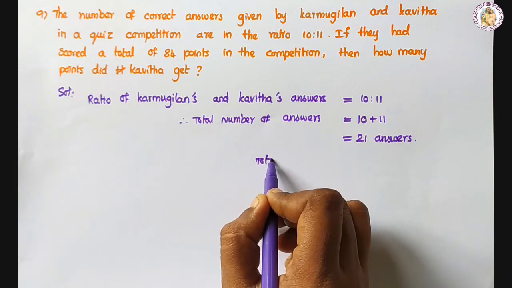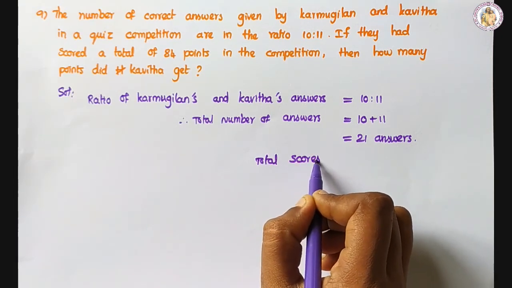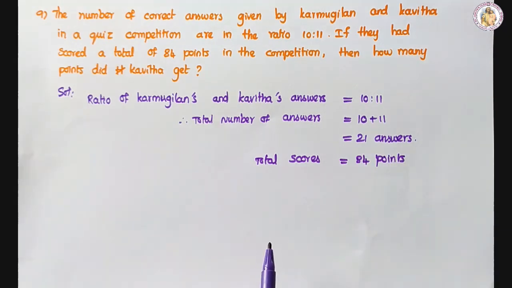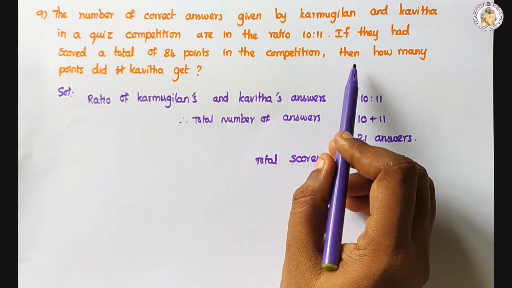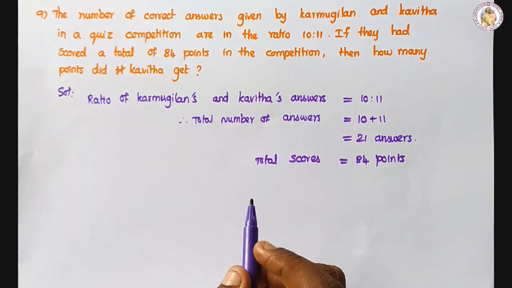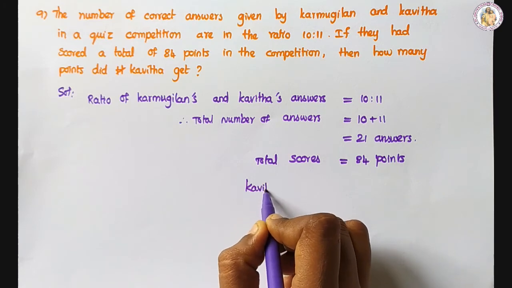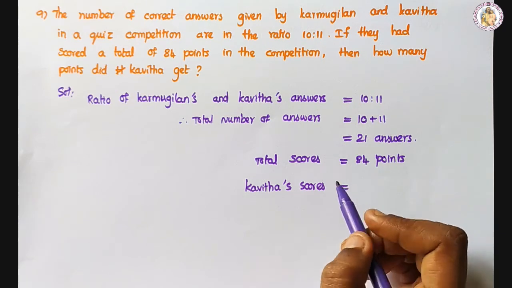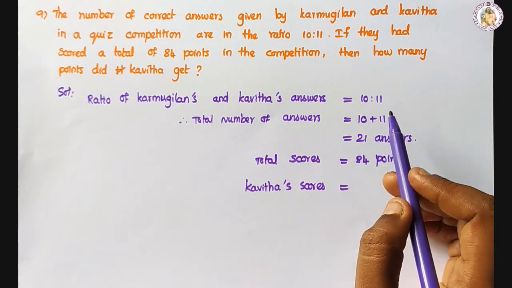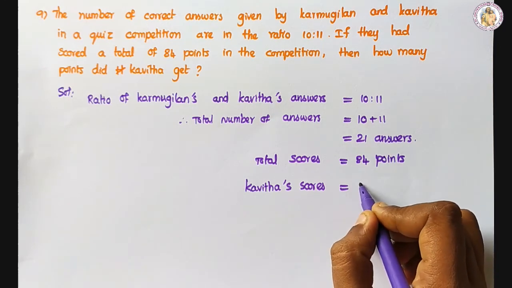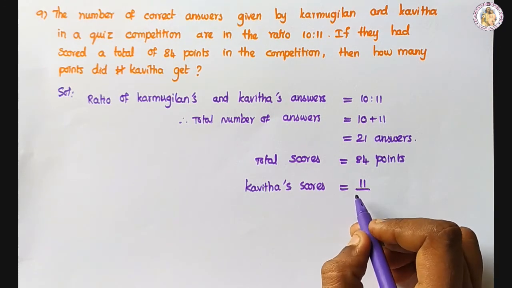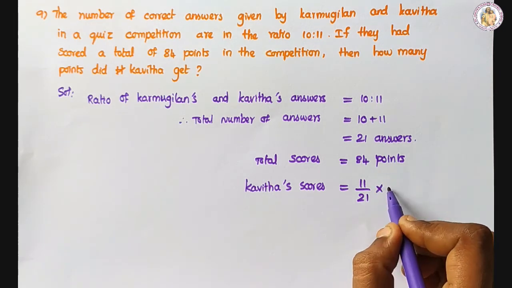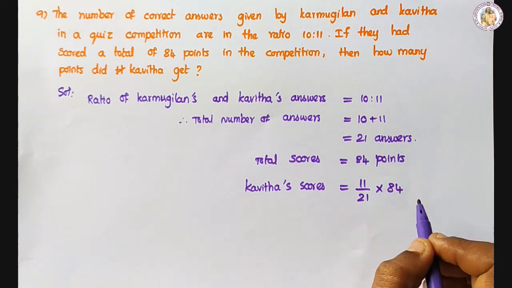Total scores they gave. Total scores equal to 84 points. Now, what do they ask? How many points did Kavita get? So, Kavita's scores we want to find out. Number of answers of Kavita is 11 out of 21 answers into points 84.